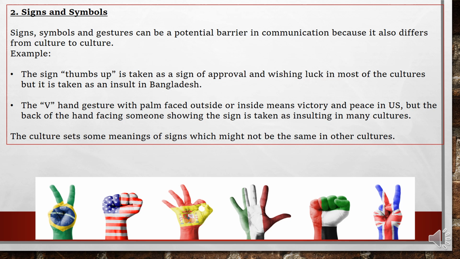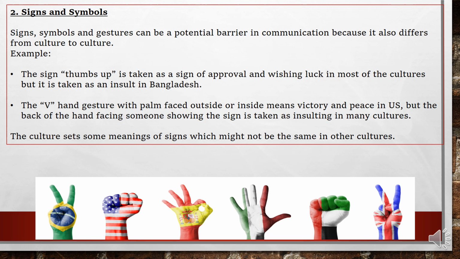So another, the V hand gesture with palm facing outside or inside means victory and peace in the United States. But the back of the hand facing someone showing the sign is taken as insulting in many cultures.